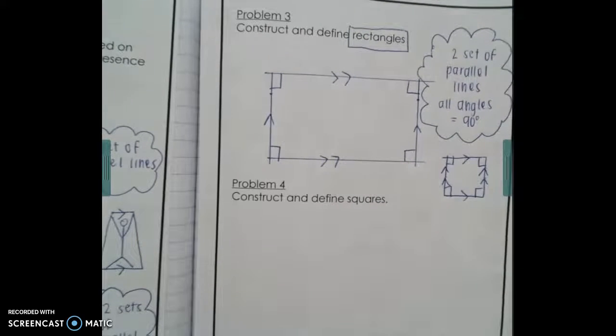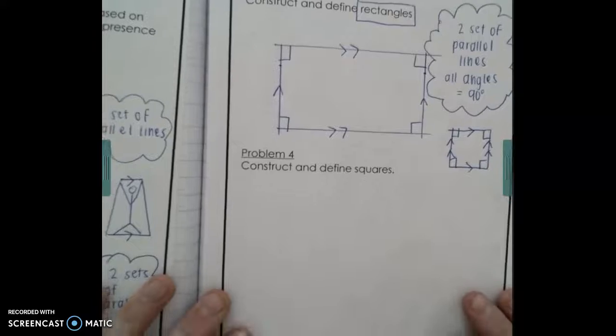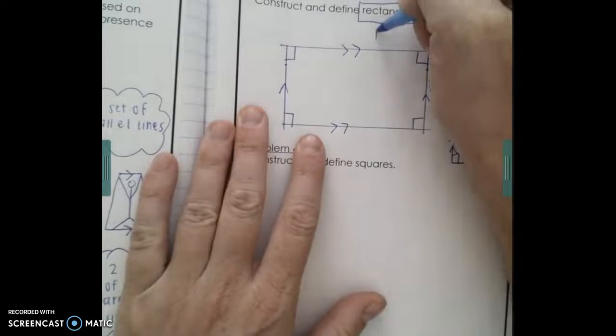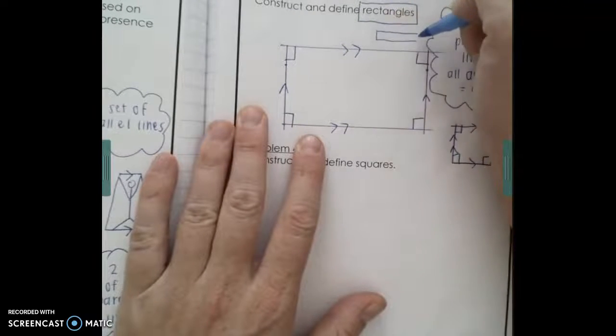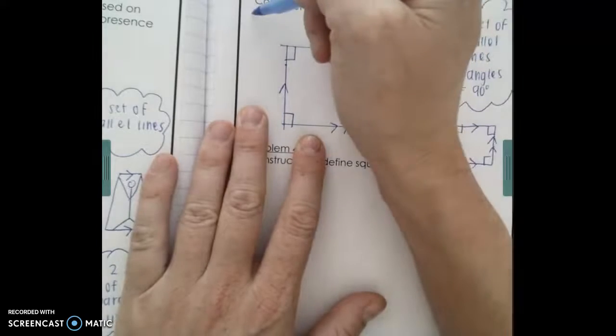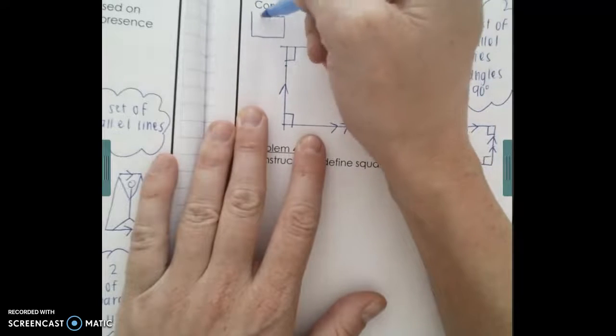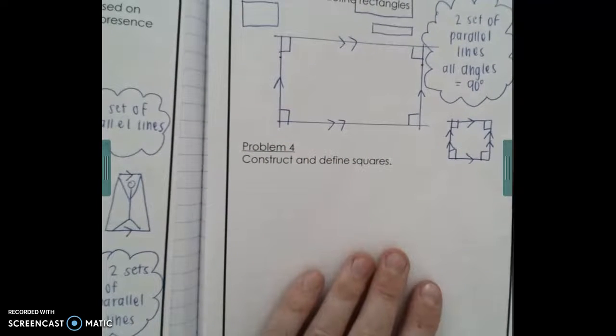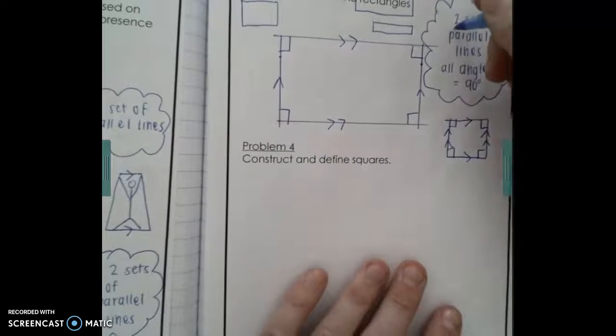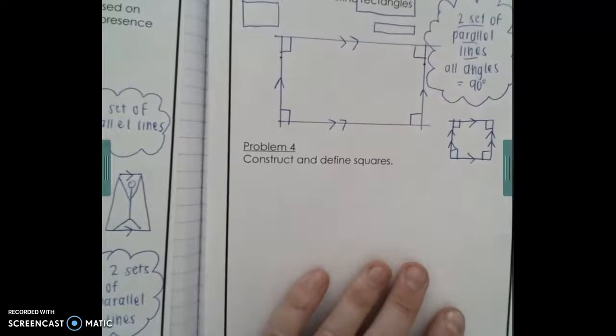So a square would match that. And those are the only two shapes that fall under there. But you can make rectangles of all different sizes. I can make a really skinny one, so it has 90 degrees. I can make a really fat one. So different ways. As long as they have two sets of parallel lines and they end at 90 degrees.